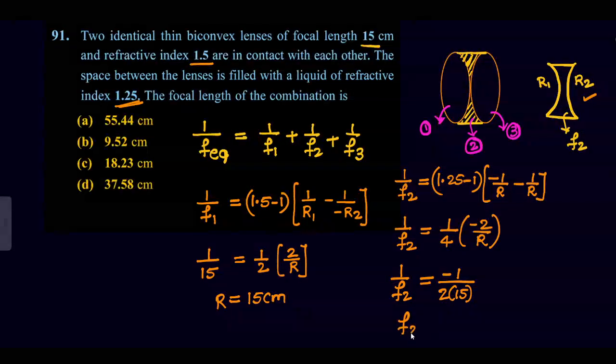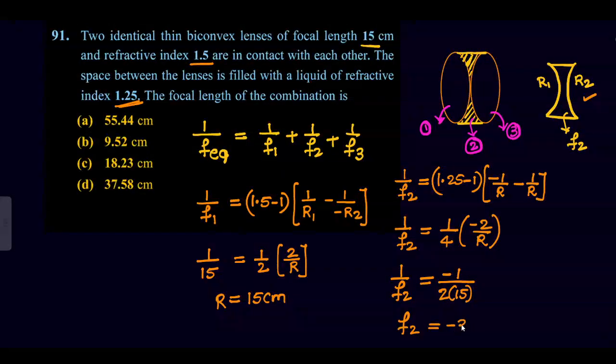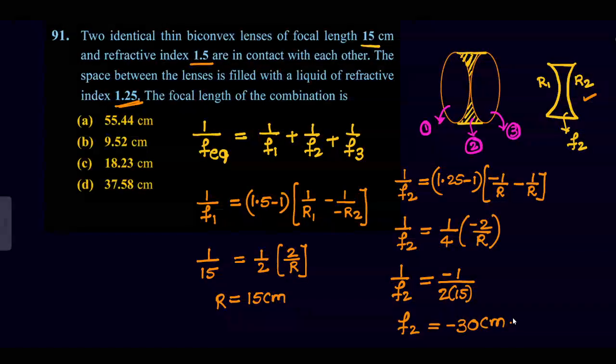We got F2 as minus 30 centimeters. This is the focal length of the second lens.